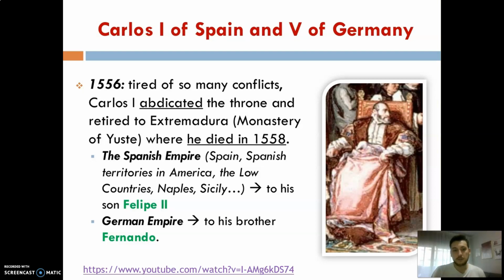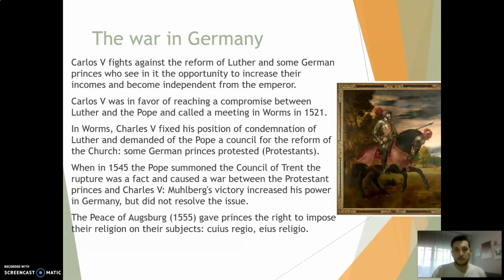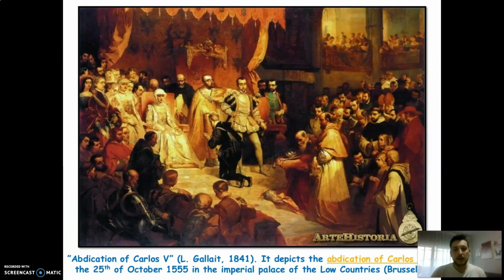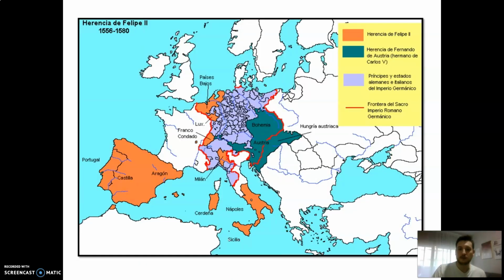of Europe. Okay, as we can see here, this is a painting of the abdication of Charles V in his brother and in his son Philip II. In this map, we can see the different territories that each one of them will inherit.